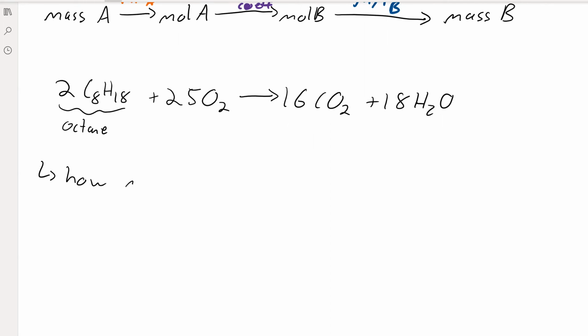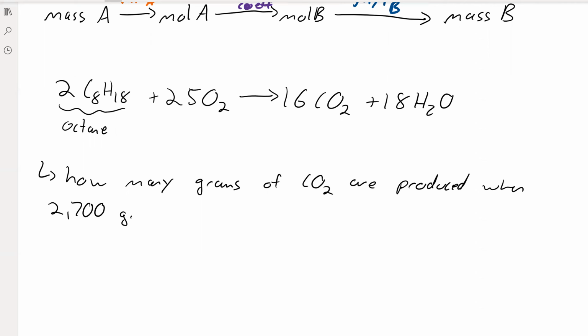Question is going to be, how many grams of carbon dioxide are produced when 2,700 grams of octane are burned, right?